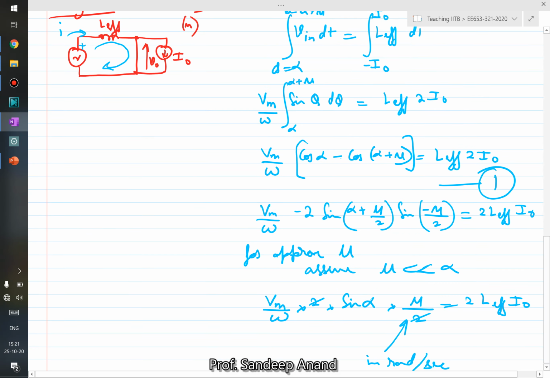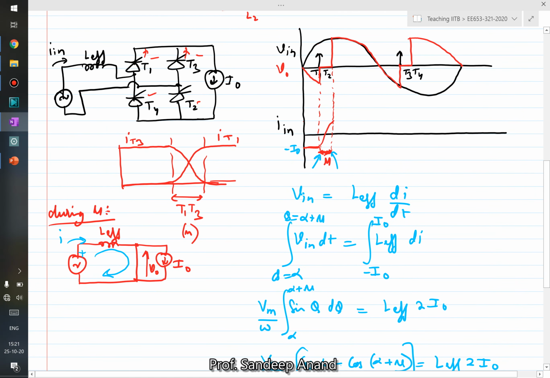Now once you have got the value of mu, you understand the period in which this commutation would happen. The next step would be to find the average output voltage, because if it had been an ideal source, the average output voltage would have been different. We know the expression, it's 2Vm by pi cos of alpha.